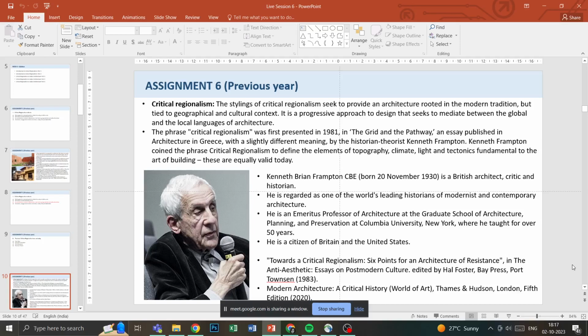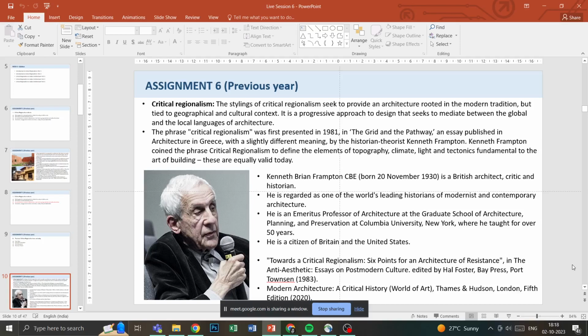He is a British architect, critic, and historian. He is regarded as one of the world's leading historians of modernist and contemporary architecture. He is an emeritus professor of architecture at the Graduate School of Architecture, Planning and Preservation at Columbia University, New York, where he taught for over 50 years.